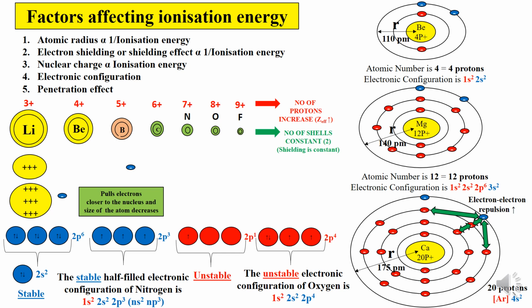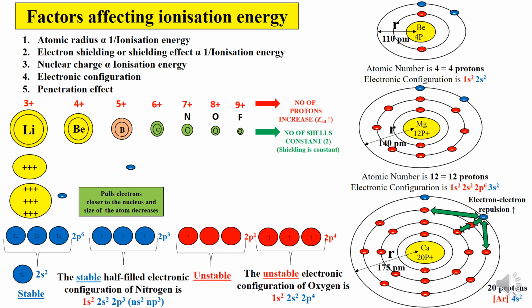Like in the case of oxygen, the electronic configuration is unstable because of partially filled orbitals. So always, atoms with partially filled orbitals will be unstable. So what about half filled orbitals? Atoms with half filled orbitals will always be stable.